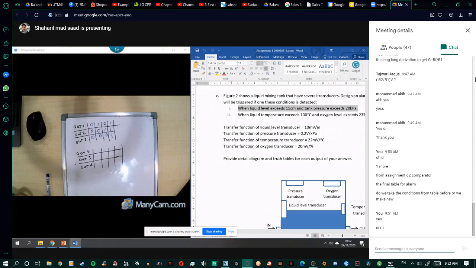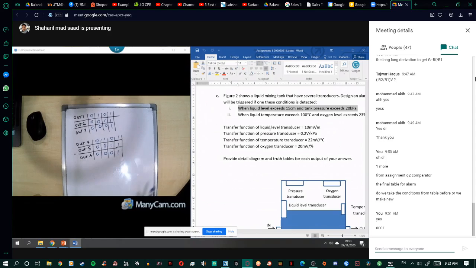The same condition happens: 0, 0, 1, 0, 0, 1, 1, 1, which also uses AND, giving 0, 0, 0, 1. So for your alarm system, you just need to combine output 3 and also output 6. So this is your alarm.